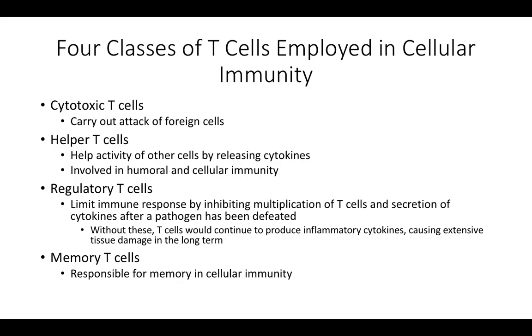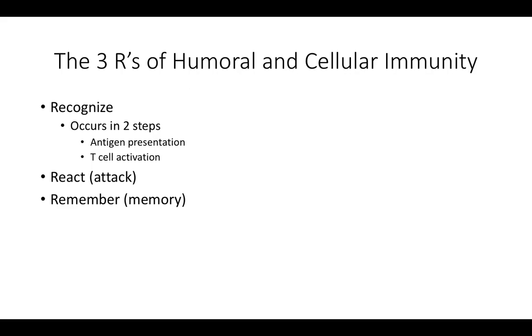So regulatory T cells are really important for making sure that that doesn't happen. And then finally, memory T cells are responsible for memory in cellular immunity. So how do we remember a pathogen the next time that we come into contact with it, or an antigen?